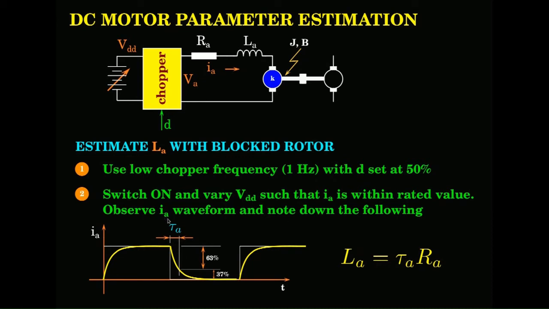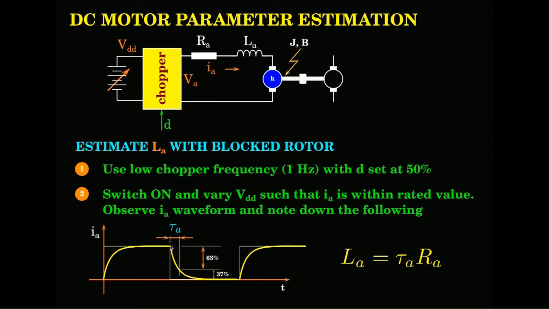So tau A, you are measuring what? IA. From the measurement of IA, at this point when D goes to 0, you are switching off, initiate a timer. It is freewheeling there through the diode. And you know the starting value of the current at which you made D 0.